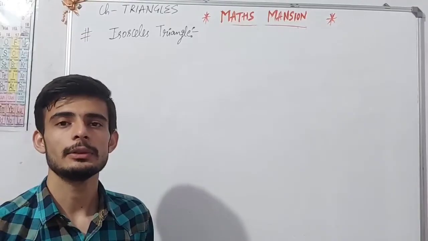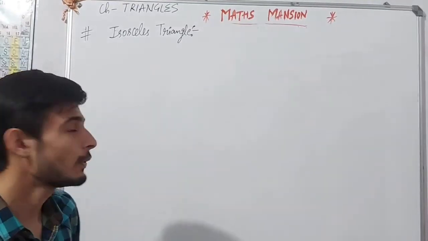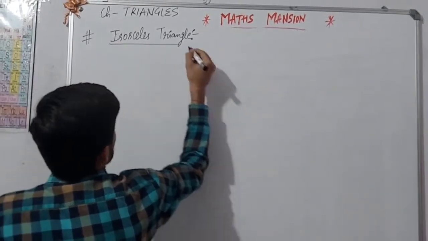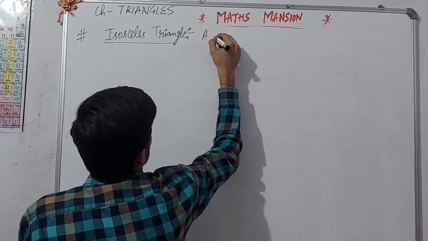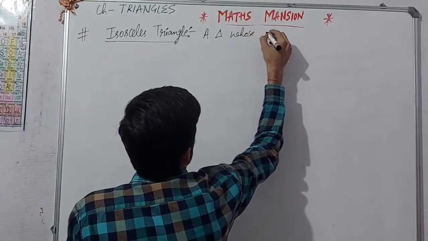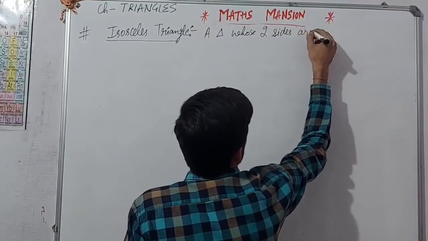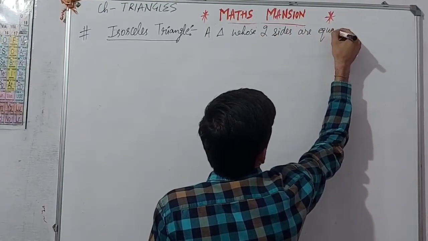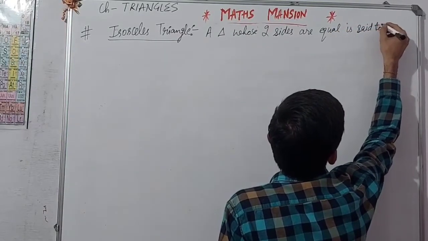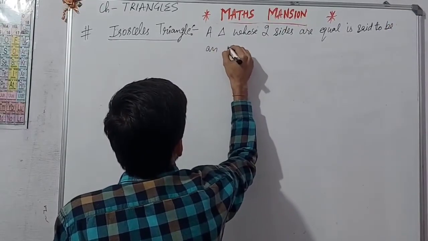Now the other term which will be used in this chapter is isosceles triangle. So what is an isosceles triangle? Let's see. A triangle whose two sides are equal is said to be an isosceles triangle.